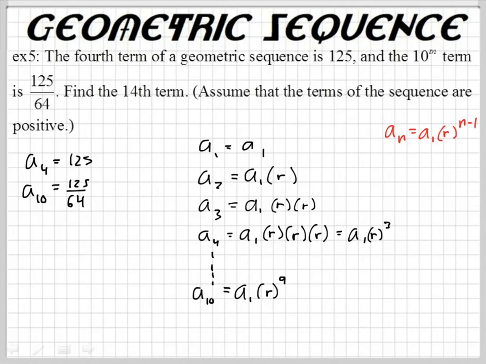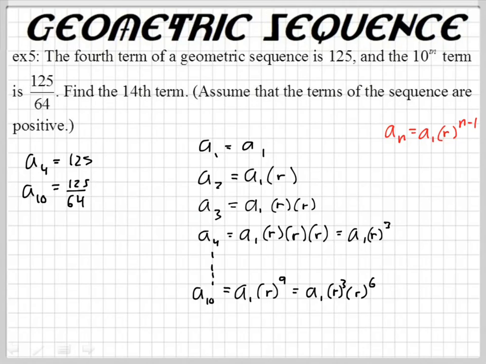Okay, now do you guys know a trick with exponents? When you multiply bases, you add the exponents. So can I write this as a sub 1 times r to the third times r to the 6th?